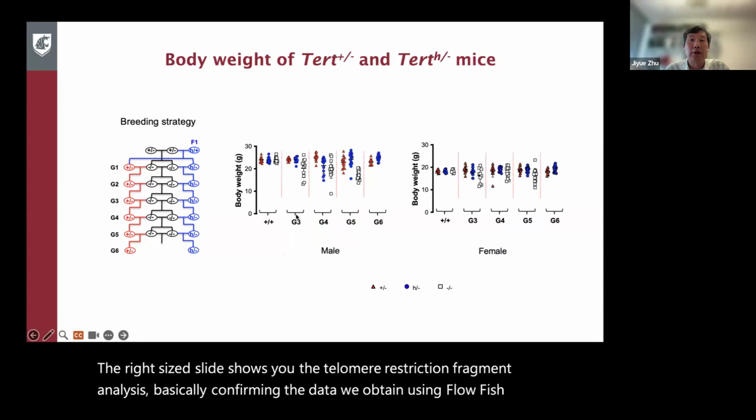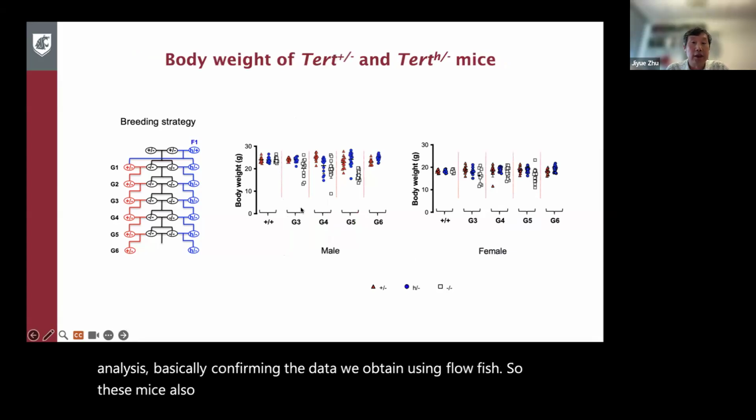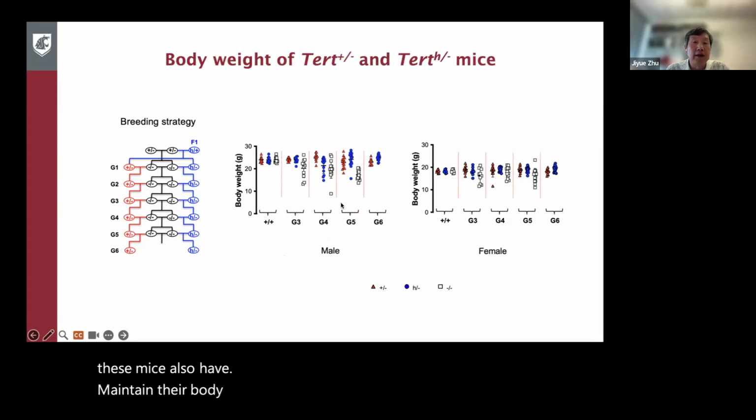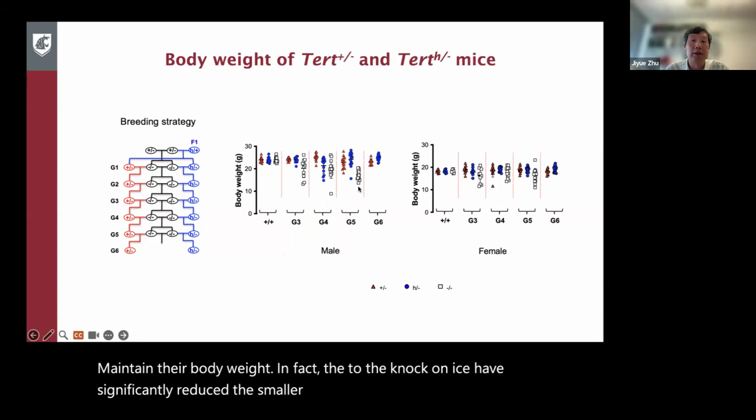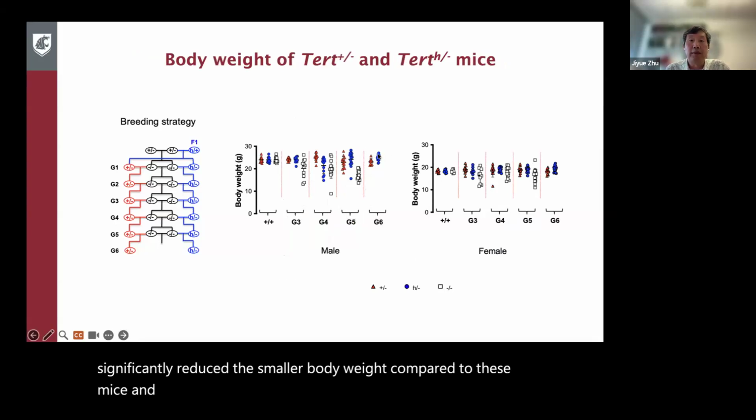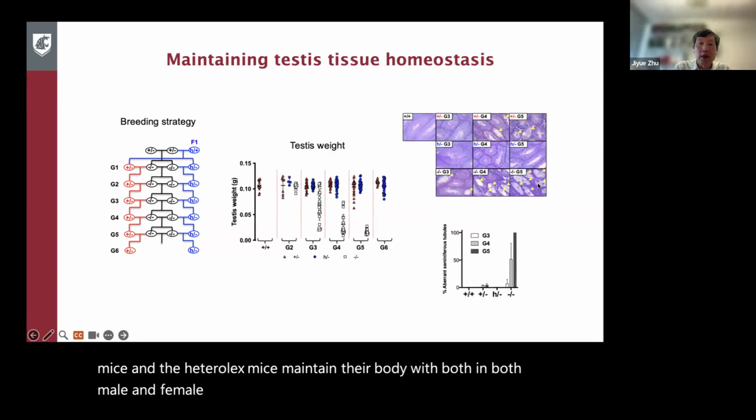So these mice also maintain their body weight. In fact, the Terc knockout mice have significantly smaller body weights compared to these mice, and the heterozygous mice maintain their body weight in both male and female mice.